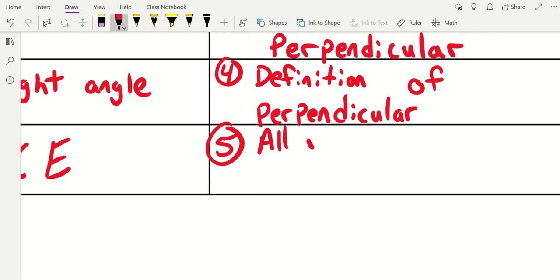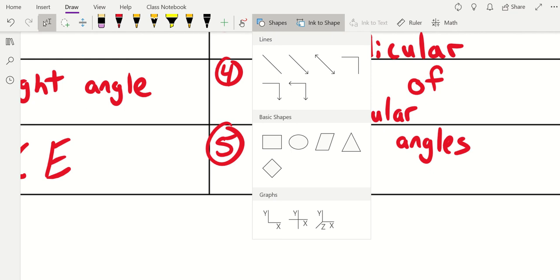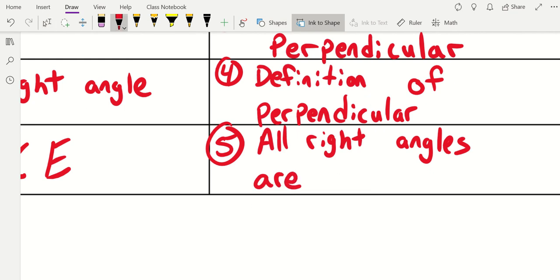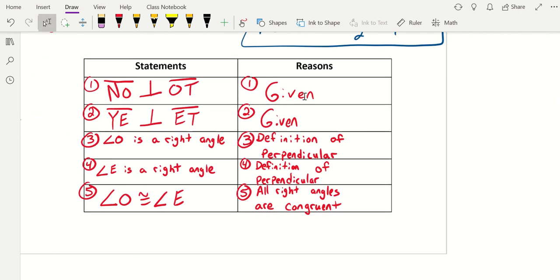So here's what I want you to know. These reasons that you see here, given, that's going to show up a lot. Definition of perpendicular, that's going to show up.